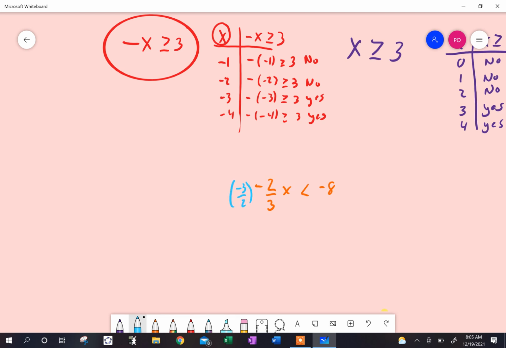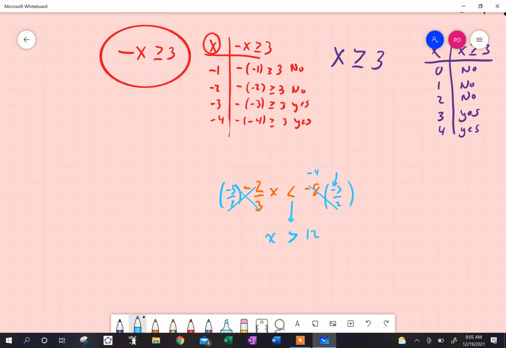But once again, I'm multiplying by a number over the inequality sign. So these are going to simplify to 1. Because I'm multiplying by a negative, I'm going to change the direction of my inequality sign. 2 goes into a negative 8 negative 4 times, and negative 4 times negative 3 is a positive 12.